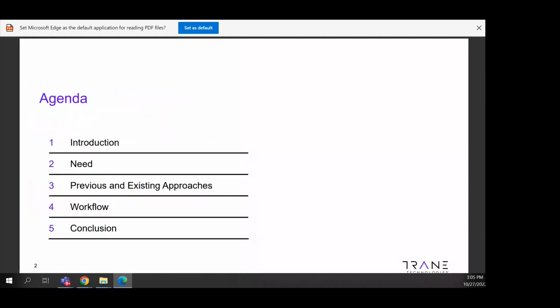What was the need to explore these models and use them? For the same needs, we had some previous approaches, with the tools, features, and the current workflow that we are using.